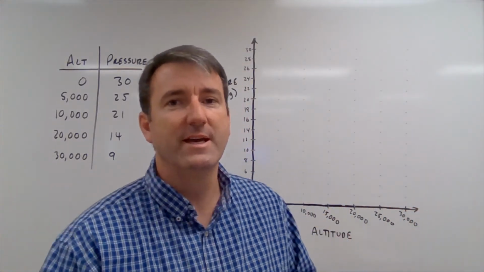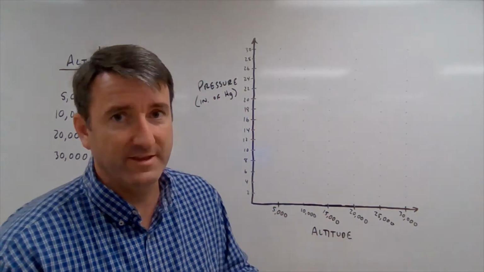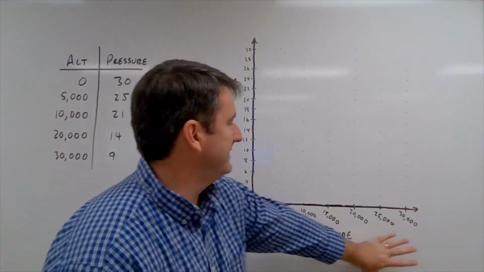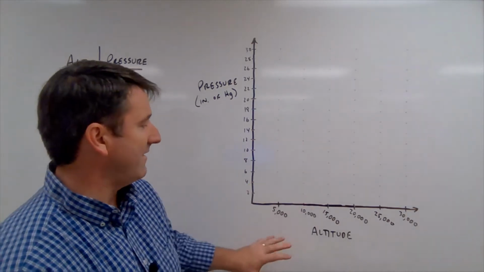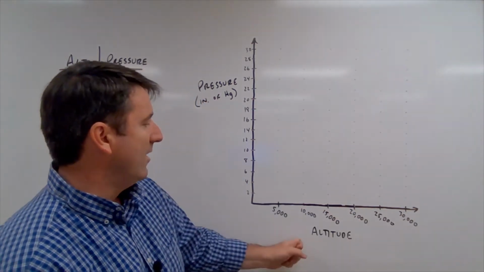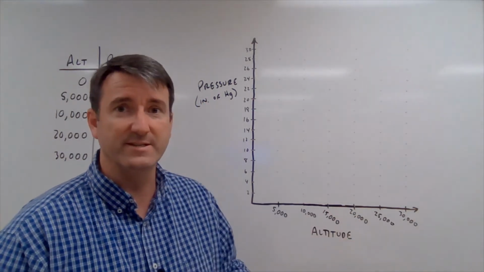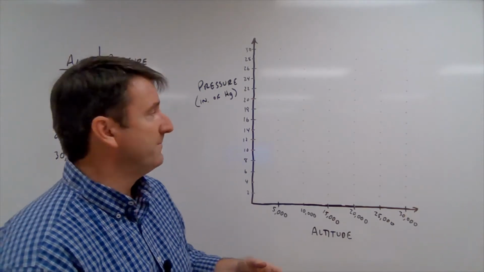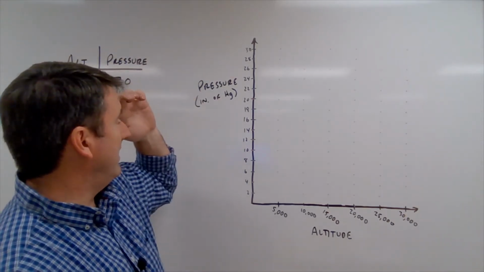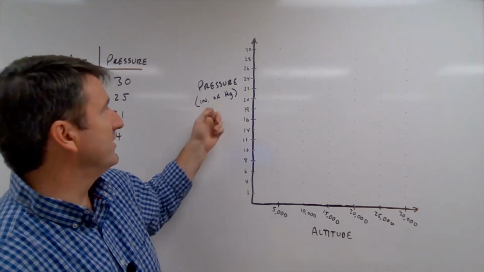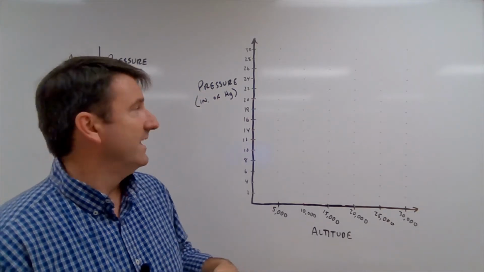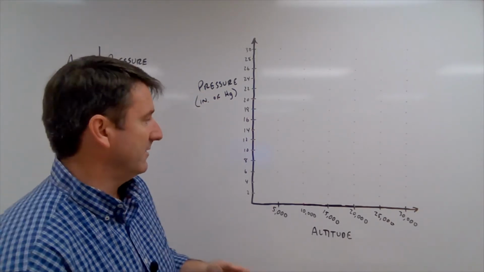All right, so let's first start off by graphing these. And we can see down here on this graph, on the horizontal axis, we've put the altitude, which is the independent variable. And on the vertical axis, we've put the atmospheric pressure, which is the dependent variable.